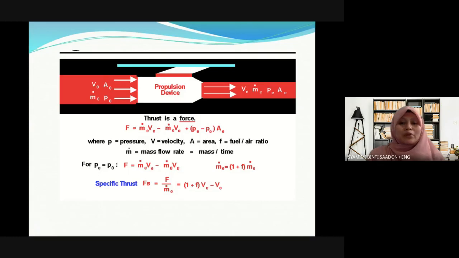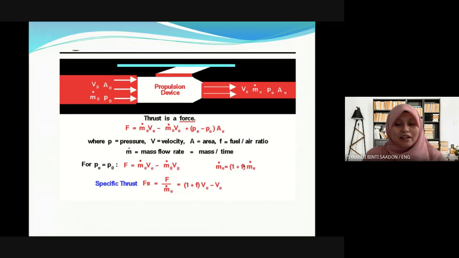So when we solve this conservation of momentum, we need to acknowledge that the concept of conservation of mass means that the exit mass must be equal to the initial mass.